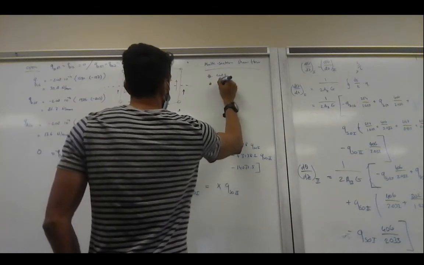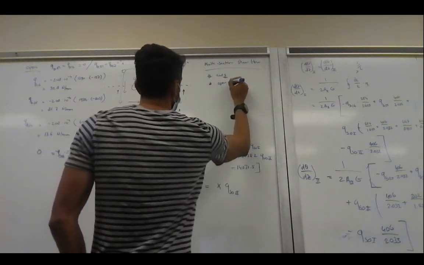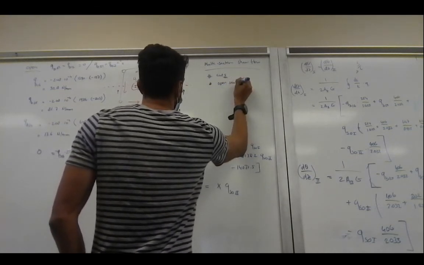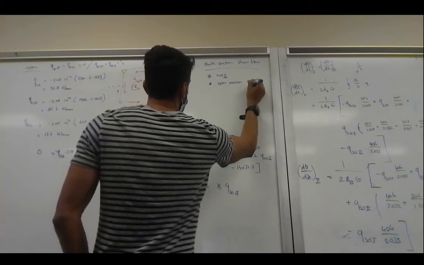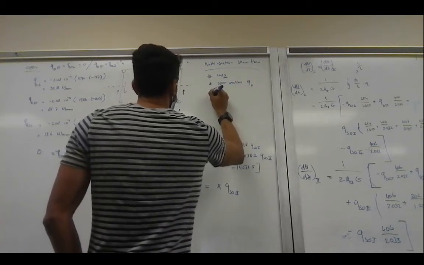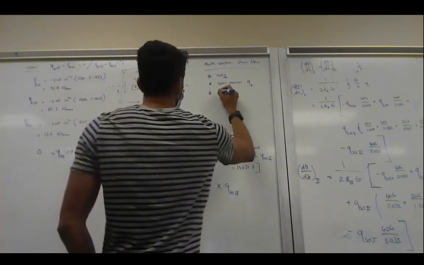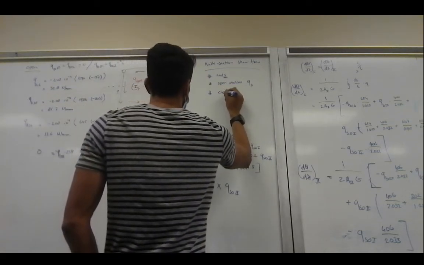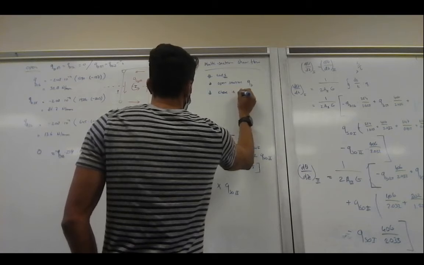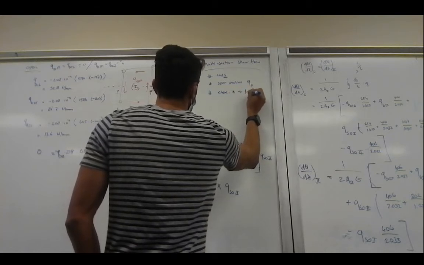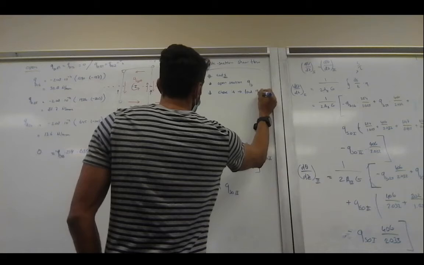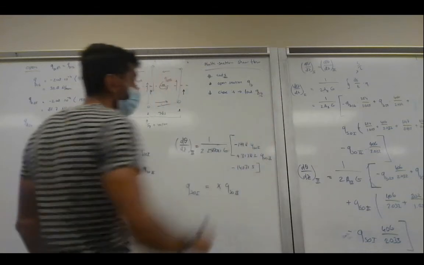Step 2 is solving the open section shear flow, that's the QBs. Then we have to find the correction shear flow, so close it and find QS0, the correction shear flows.